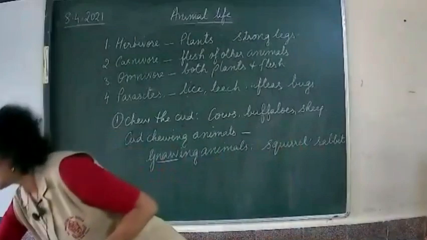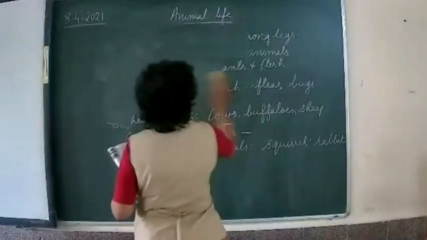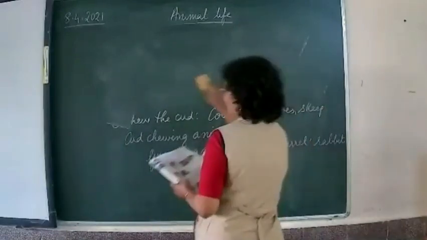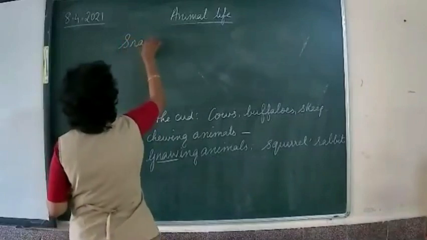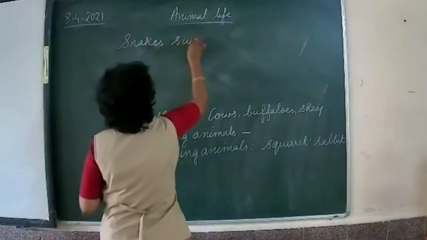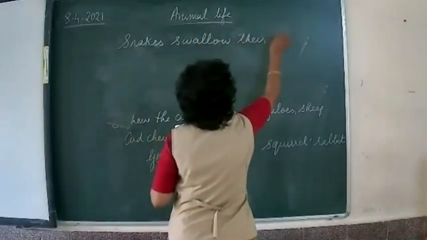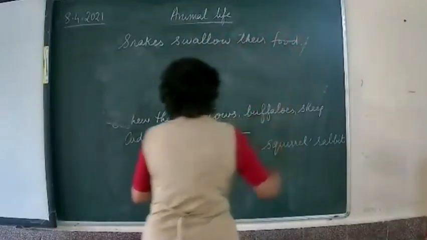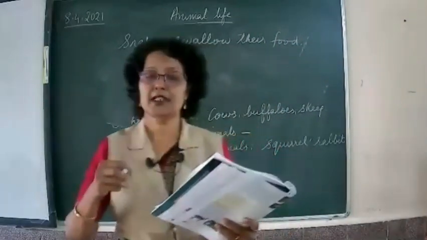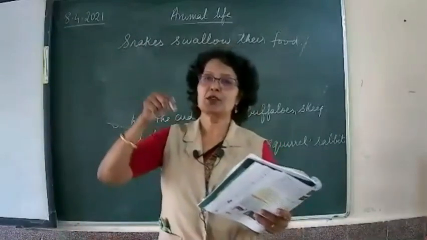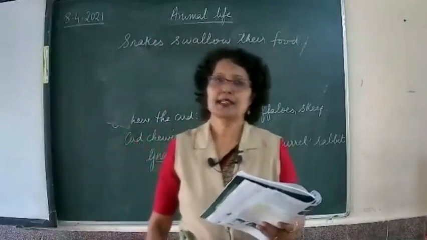Then snakes. Snakes swallow their food. They do not chew it, they just swallow their food. And butterfly has a long sucking tube, because they have to pierce the tube inside the flowers to suck the nectar.